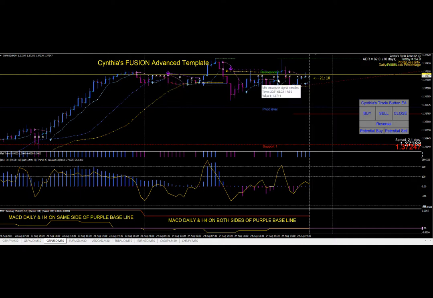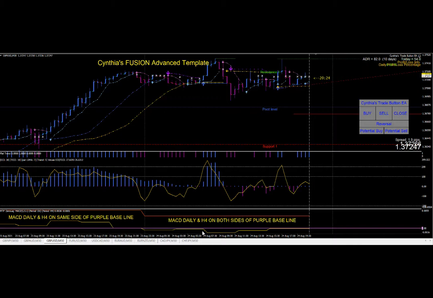But if we look in the bottom window, which is the multi-time frame zero lag MACD indicator window, we can see that the daily orange trend line is above the purple baseline, and the 4-hour yellow trend line is below the purple baseline, and that means that they're not in agreement. And the thing about Forex trading is you're always going to get better results if you trade with the direction of the major trend, which is the 4-hour and daily.